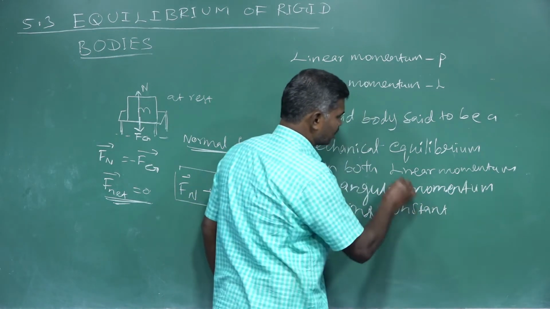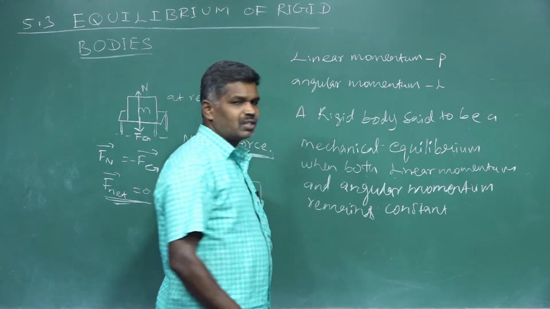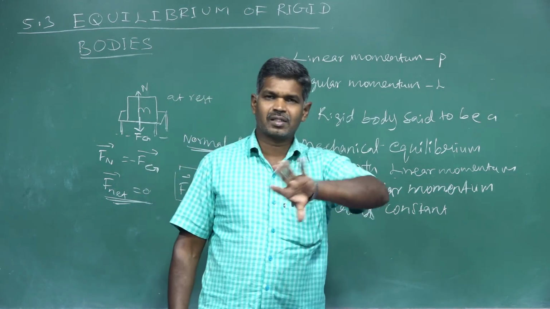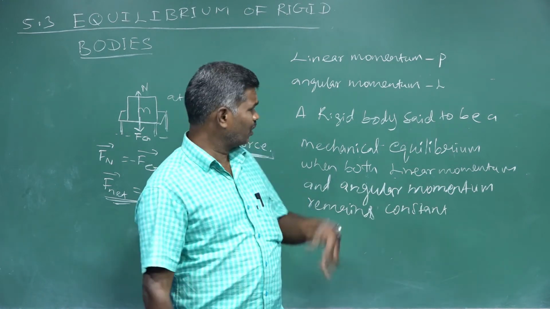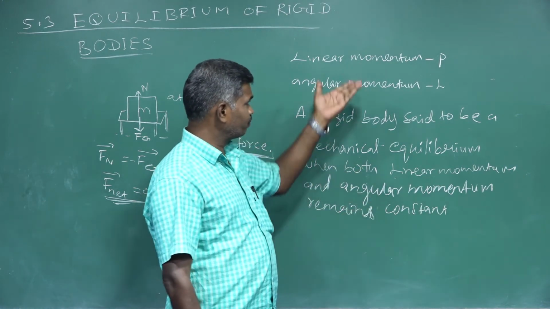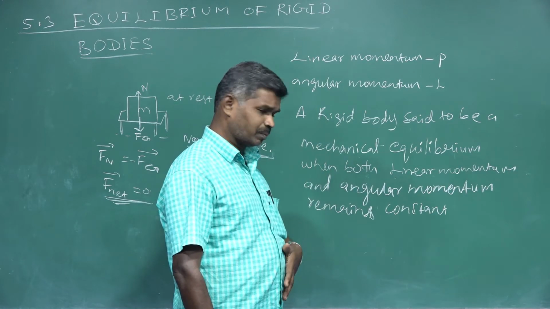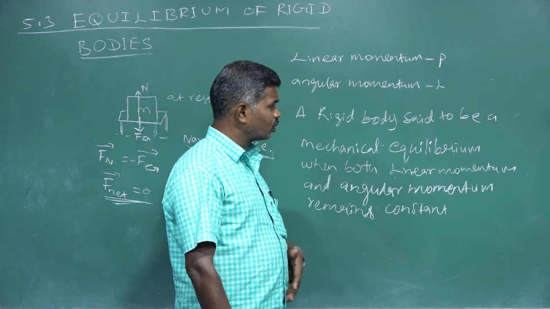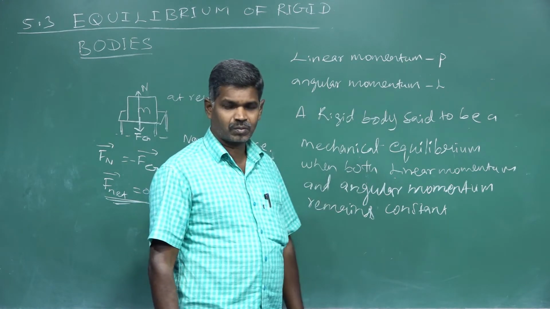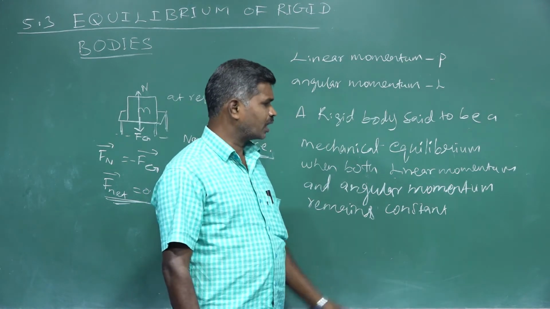If these two factors remain constant, we say that the rigid body is in mechanical equilibrium. Already we know that linear momentum is related to translation motion and angular momentum is related to rotational motion.